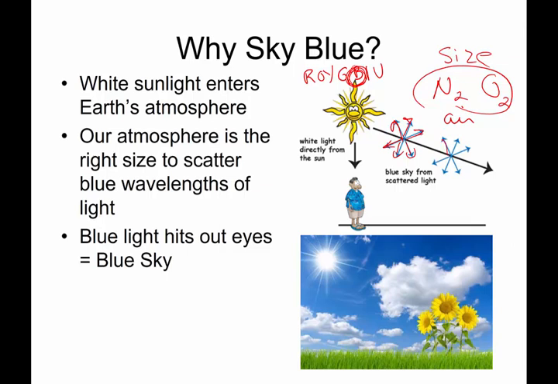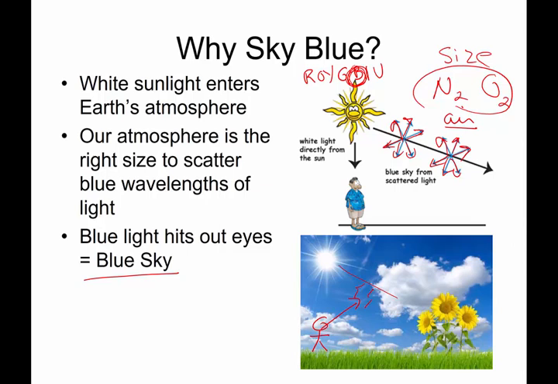Now, what that does is that air causes that scattering of blue light, and that means that if you're standing here and you look at our sky, you are going to see the scattered blue light from the sunlight, and that's going to actually be blue. And that's why our sky actually is blue. It's due to the size of the molecules in our atmosphere.